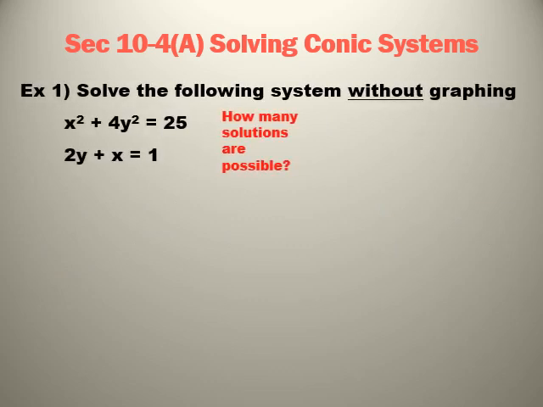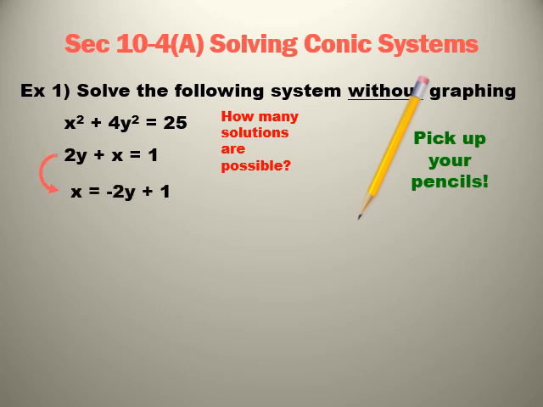Okay, so now let's pick up our pencil, and let's not solve these by graphing. Let's instead solve them by elimination or substitution, some sort of algebraic solution. So try that now. All right, so I would take that second equation and solve it for x.